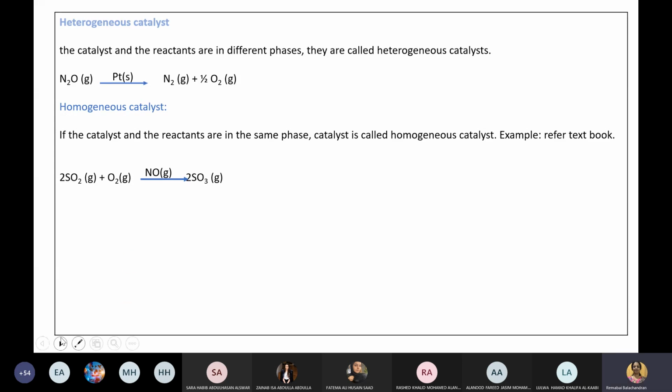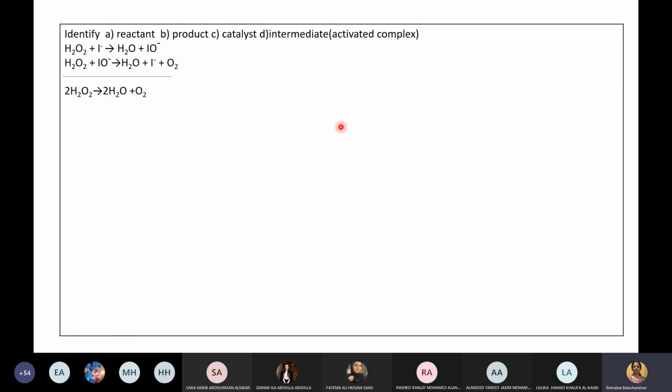Okay, so now in this question, this is a reaction. This reaction you split into two steps. These are the reactants, these are the products. In between something else is there.